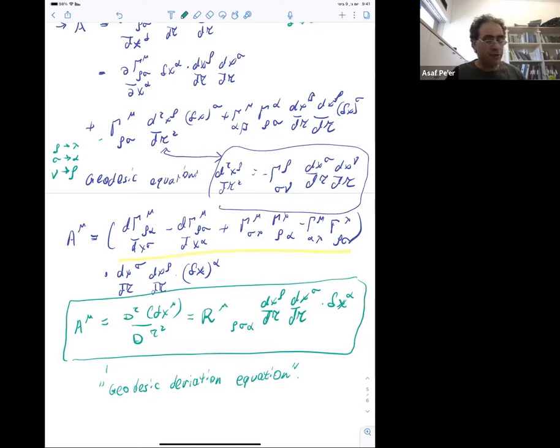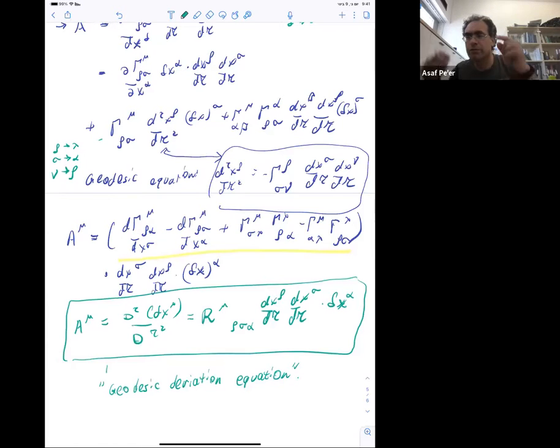So essentially, the physical meaning is quite straightforward, and I explained it to you previously. What it really means is that the relative acceleration between two neighboring geodesics, the two different trajectories that they follow, is like this.